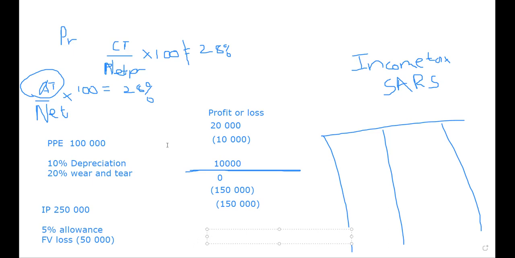And then for the accounting side, when I look at this fair value loss of 50,000, right? Now, what do we know? Tax is only going to realize this fair value loss when you actually sell the asset, through what? CGT, right? That capital loss.